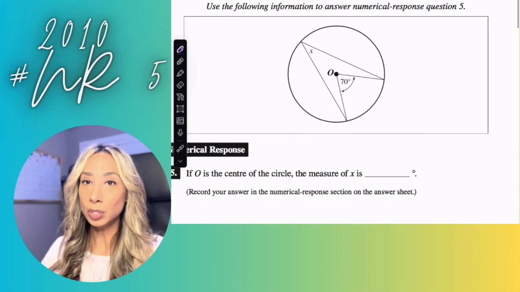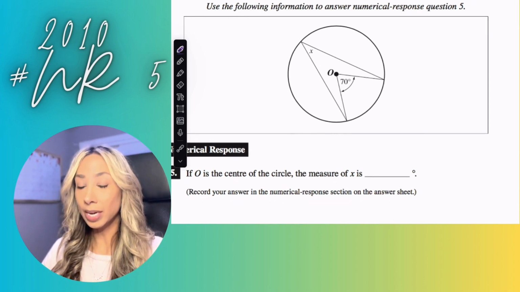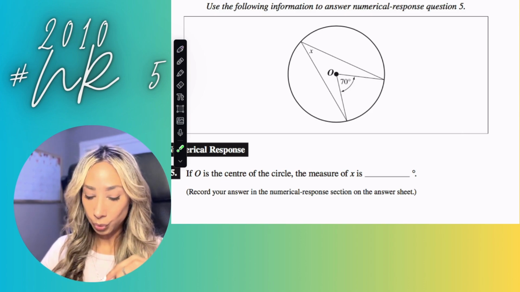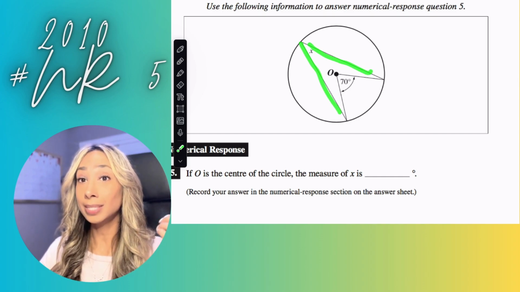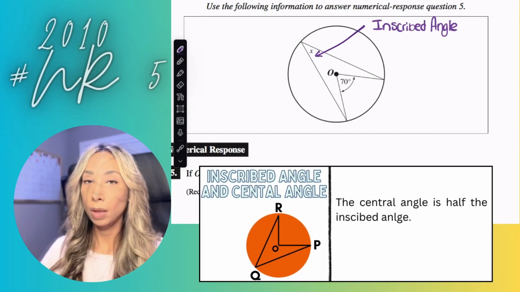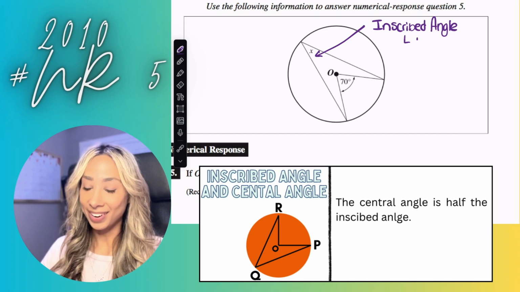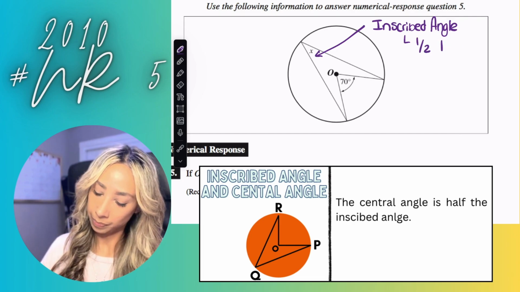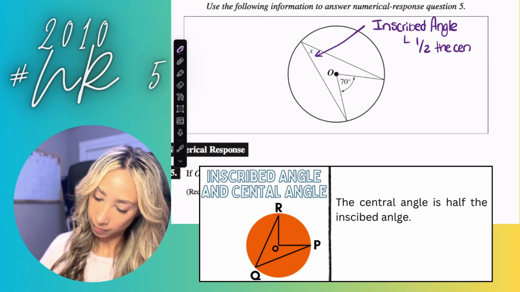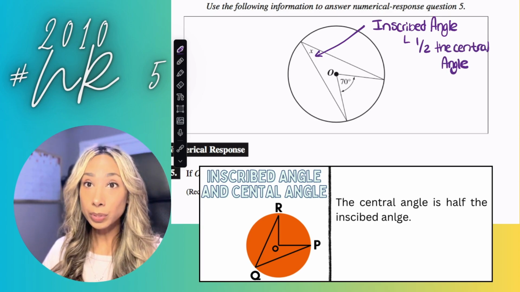So the rule for this one is we have to recognize we have our central angle, which is 70. And then we have two chords that come together to make what's called an inscribed angle. So the rule of an inscribed angle is it is half the central angle. Or you can also say the opposite.